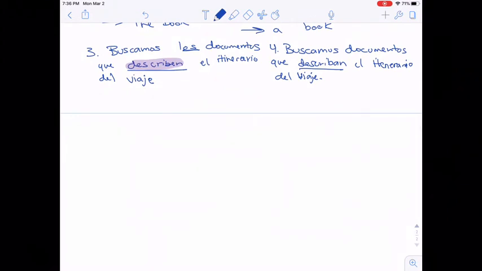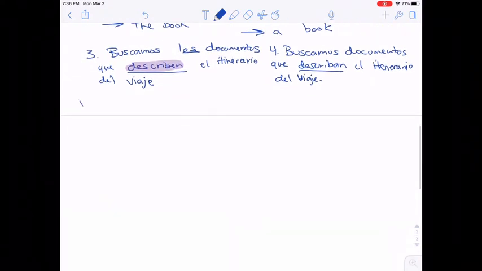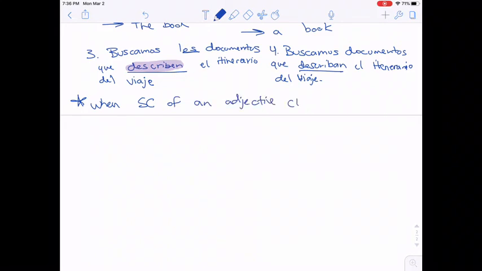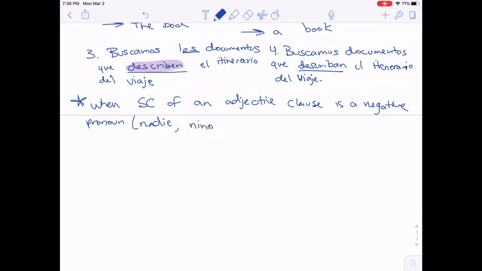So I guess the next bullet would be when the subordinate clause of an adjective clause is a negative pronoun, such as nadie, ninguno, or a, the subjunctive is used.